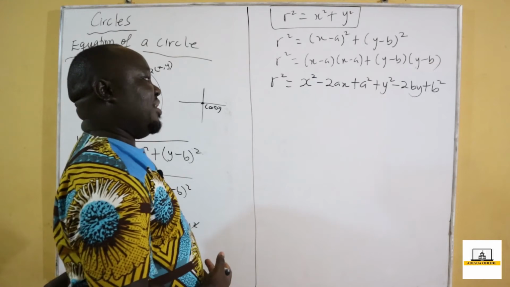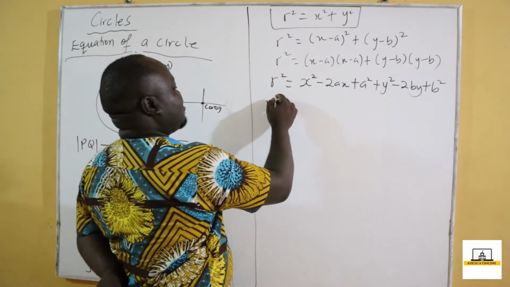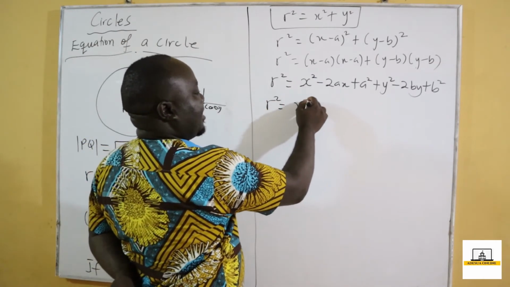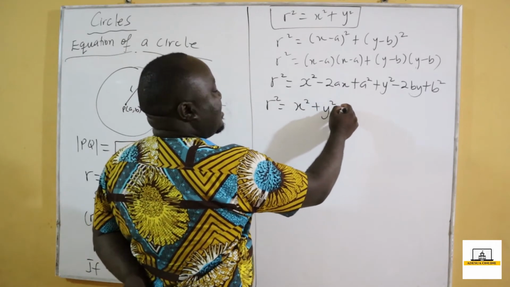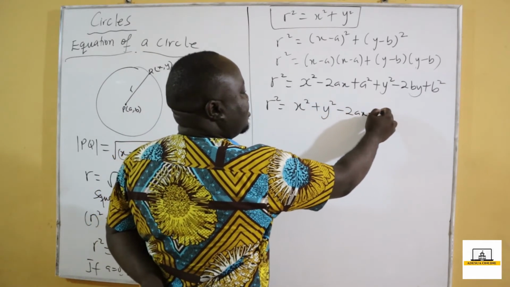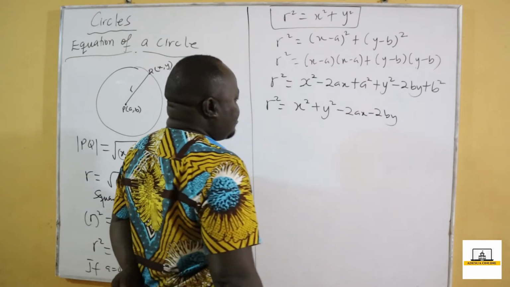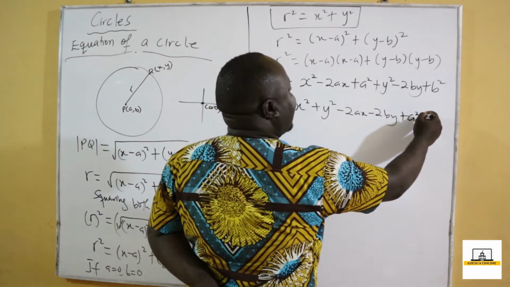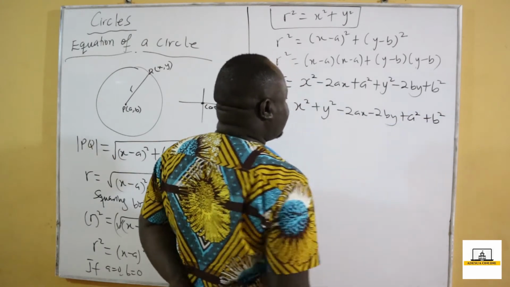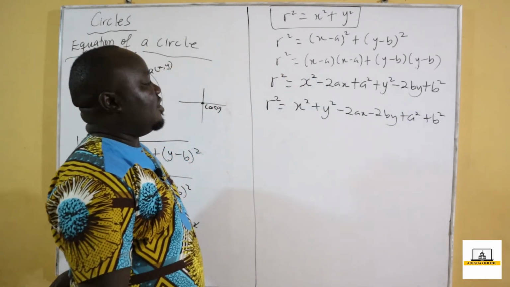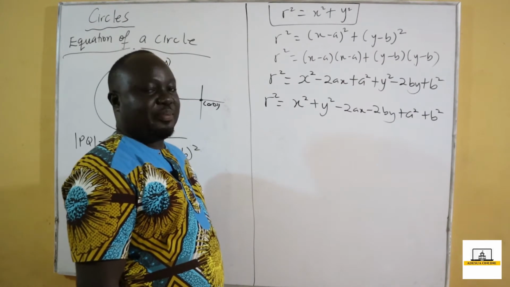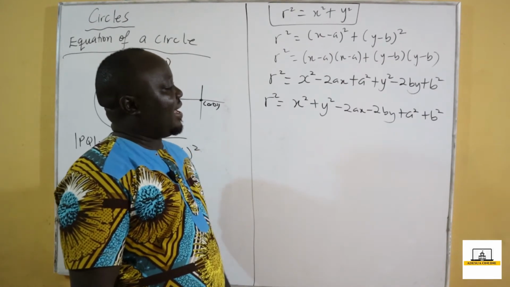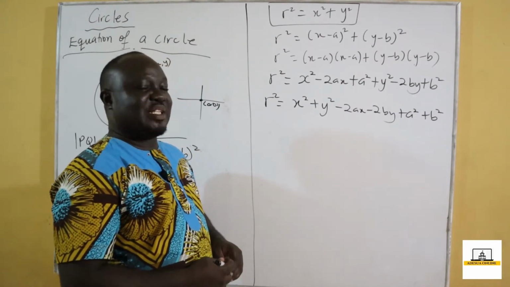Now, if we rearrange this, we shall have r squared equal to x squared plus y squared minus 2ax minus 2by plus a squared plus b squared.